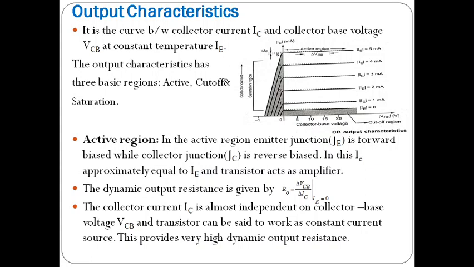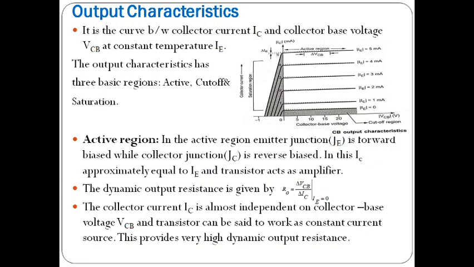Output characteristics are always drawn between the output voltage and output current by considering the input current as constant. So the output characteristics of common base are drawn between the output voltage VCB and output current IC.